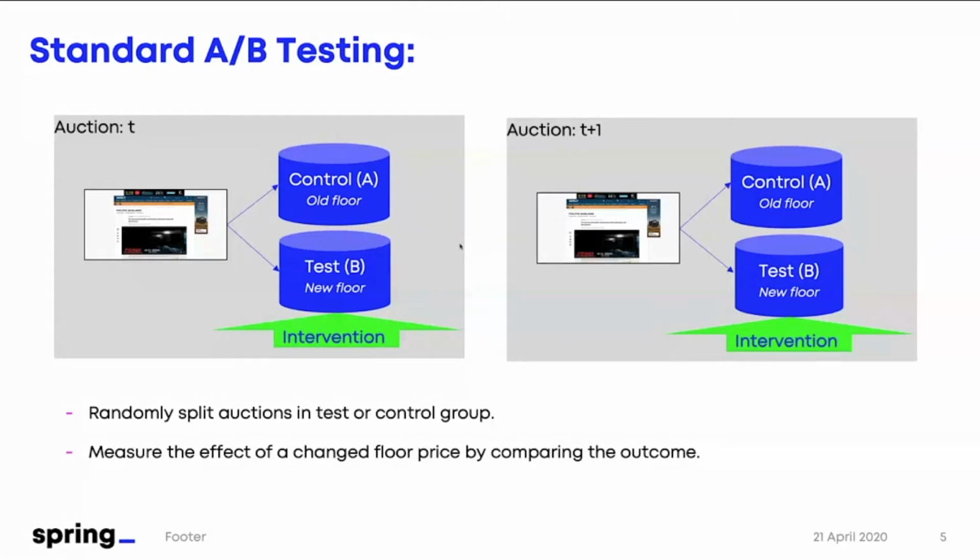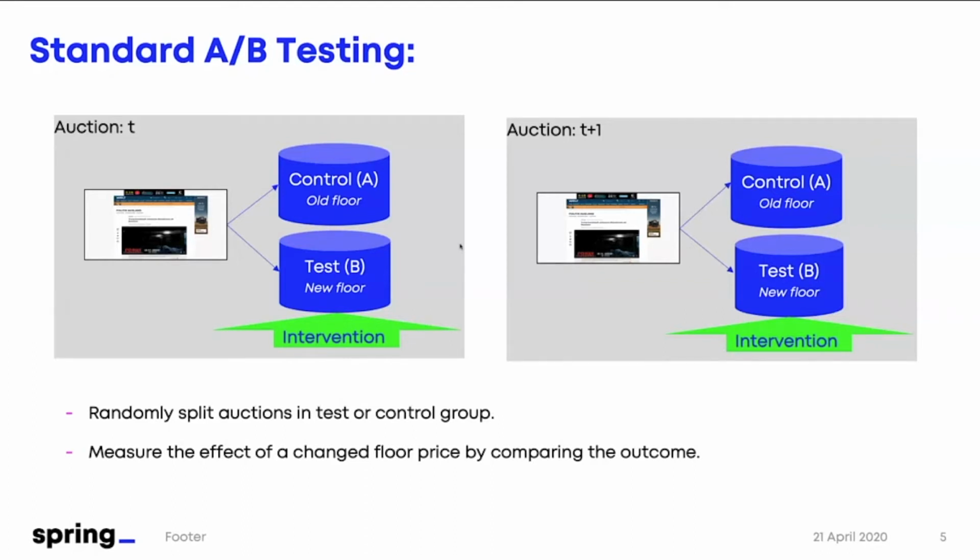And how is this done? Each auction that runs will be assigned to control or test in a completely random way. So in the long run, we will, in theory, be able to compare, for example, revenues from control and test.